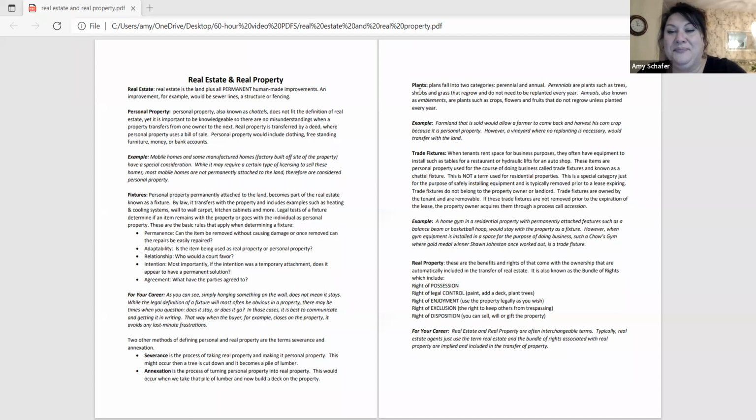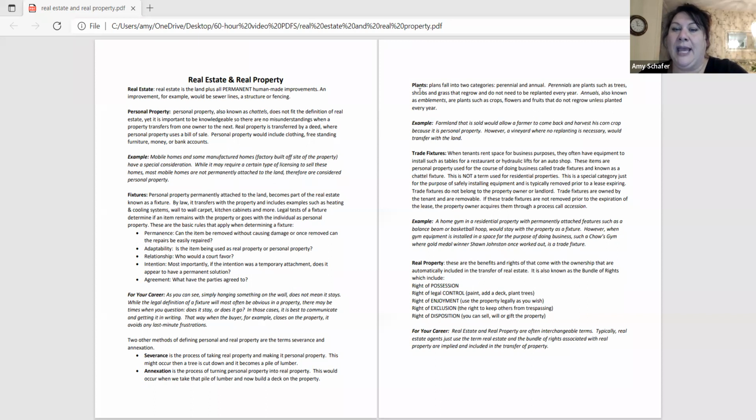It's yours. You've got the right to enjoy it. Use the property as you wish. You've got the right to exclusion, which means no trespassing. And here's where you come in as getting a real estate license. You've got the right to dispose of it, which means you can will it, gift it, or sell it to another person.